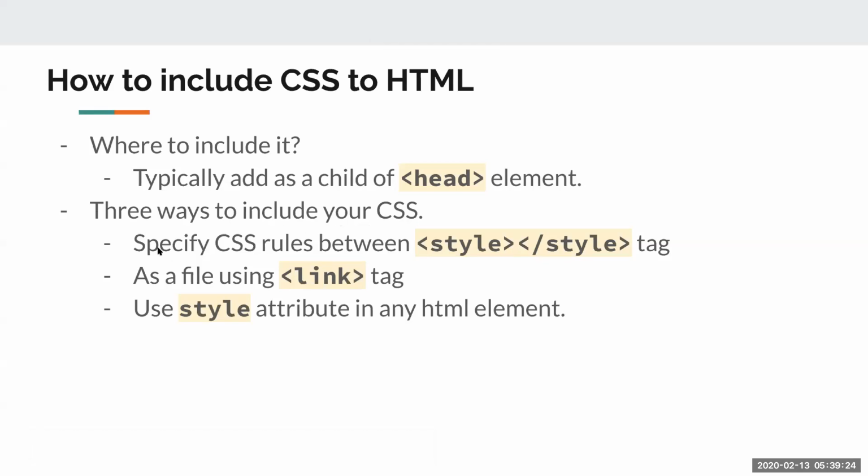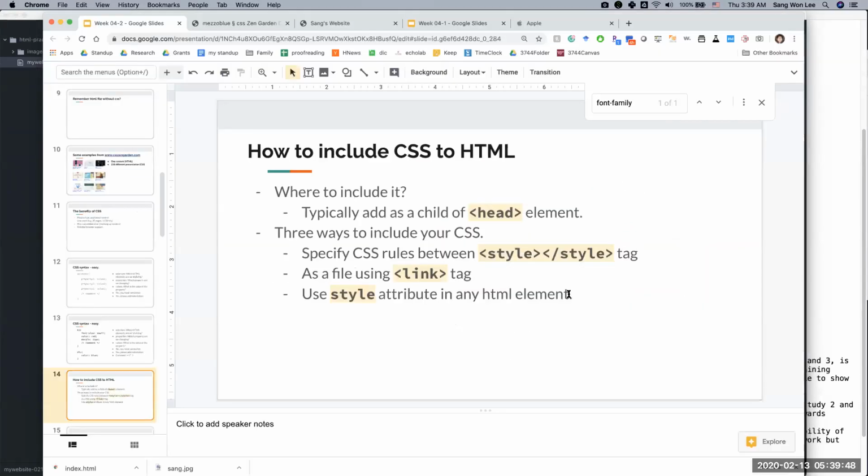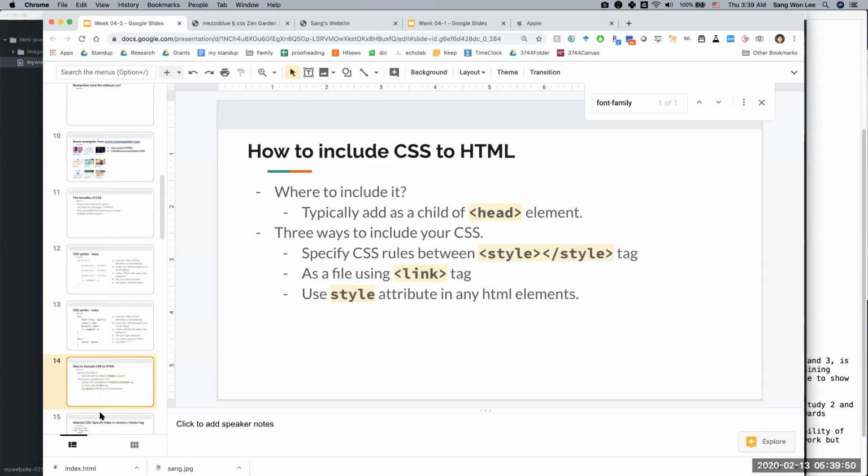The first one is to simply specify the rule within the HTML file. The second is to add it as an external file with a link tag, or you can add a style attribute in any HTML element. So let's check this out one by one.